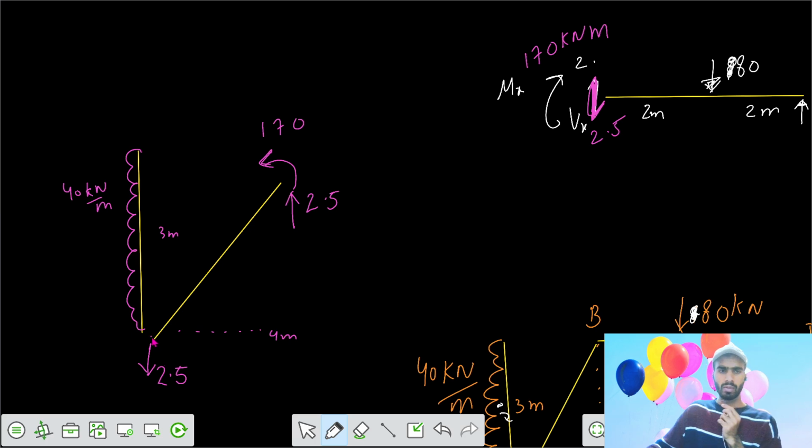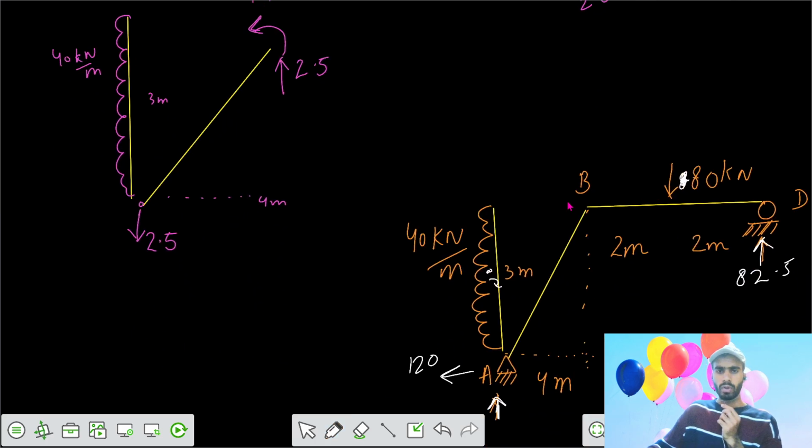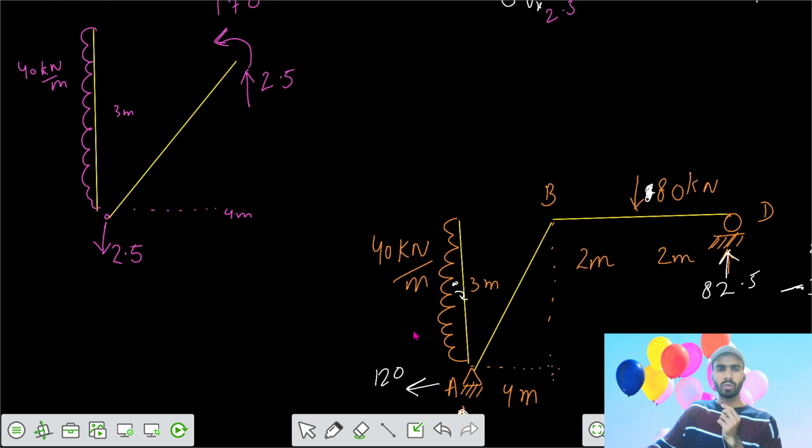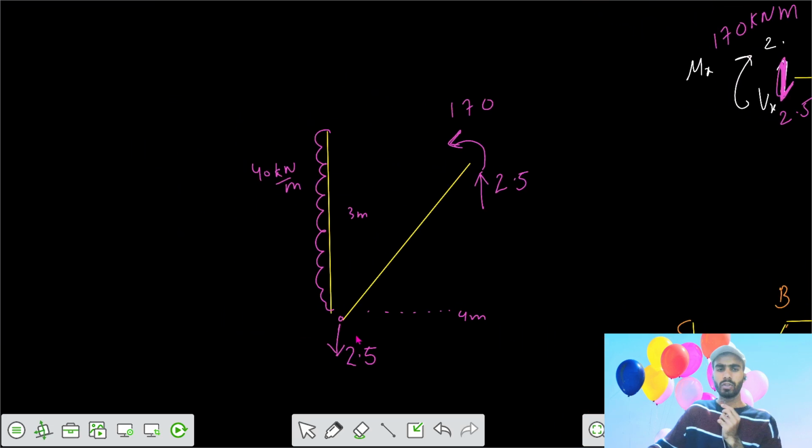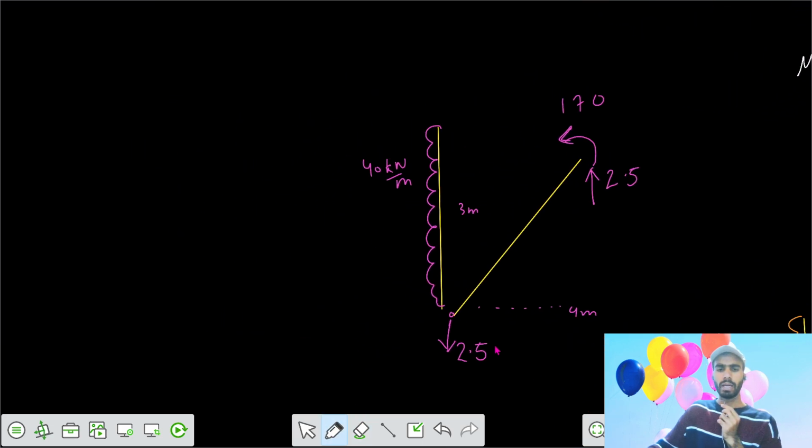And the moment here, because your support is hinged, so your moment at the hinge support would be 0. You can also check that by saying here the moment is M, we can write M0 because moment is 0 here. We can write moment 0.